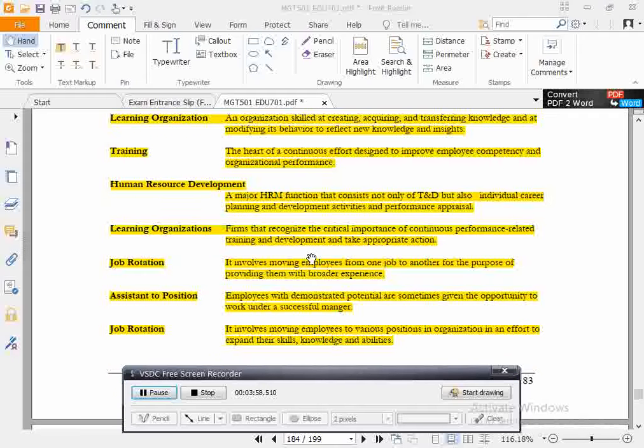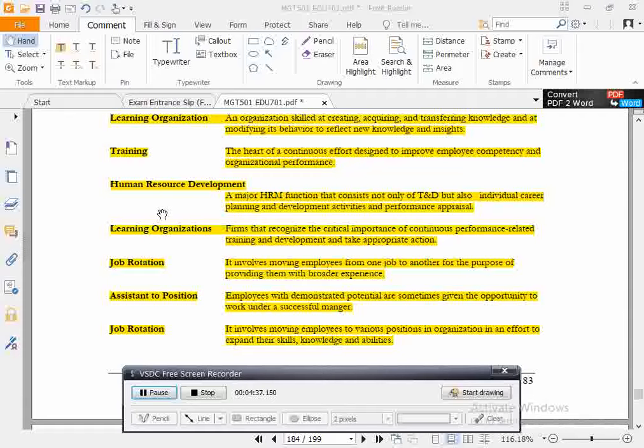Next we have learning organization: an organization skilled at creating, acquiring and transferring knowledge and at modifying its behavior to reflect the new knowledge and insights. Training is the heart of a continuous effort designed to improve employee competency and organizational performance.